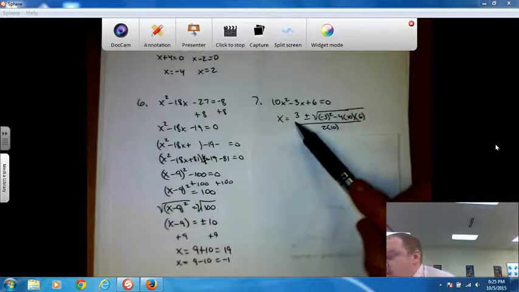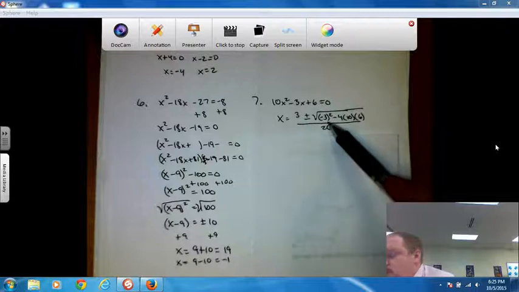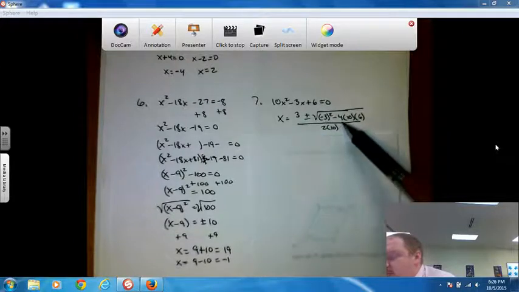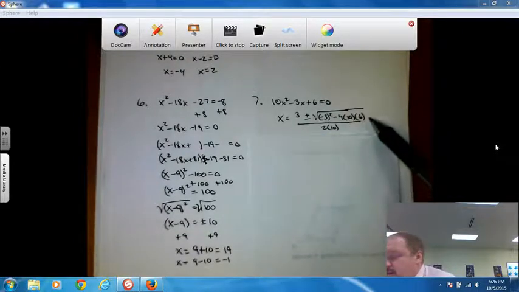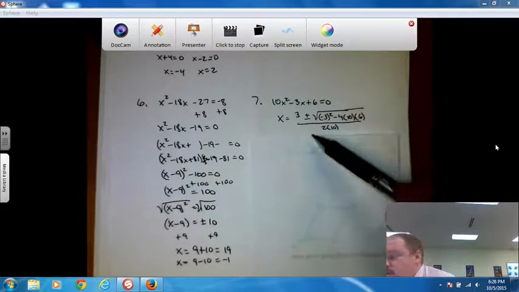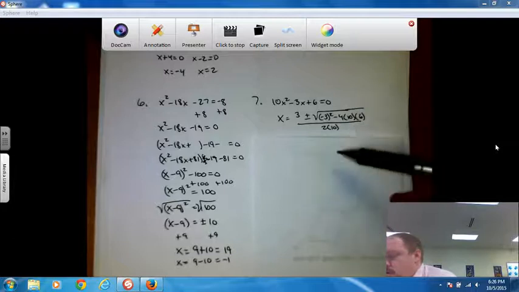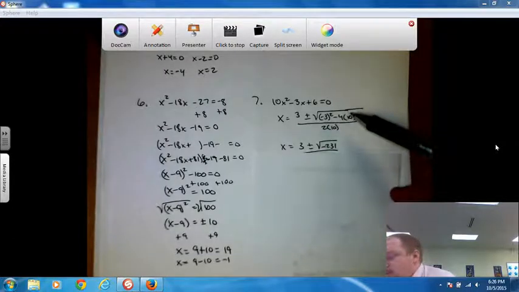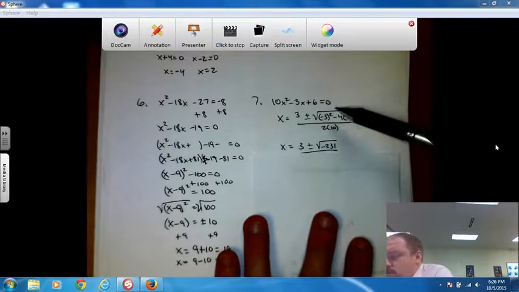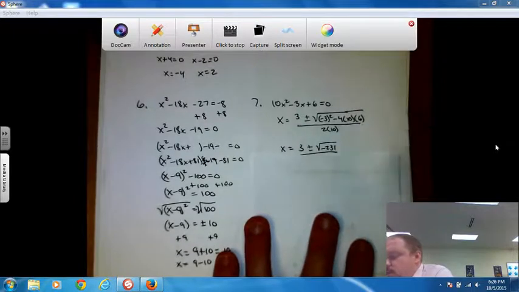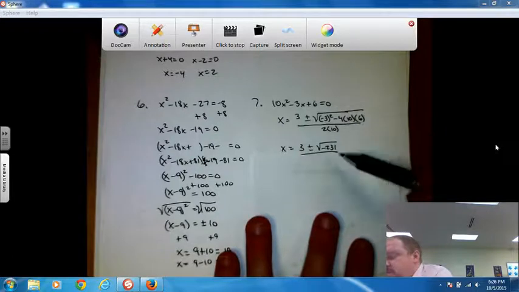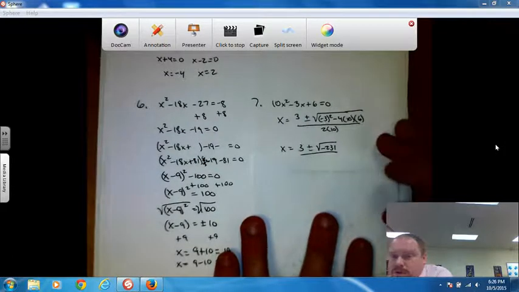The opposite of b, plus or minus the square root of b squared minus 4 times a times c, all divided by 2a. So now I just have to simplify. So once you multiply negative 3 squared minus 4 times 10 times 6, you get negative 231.